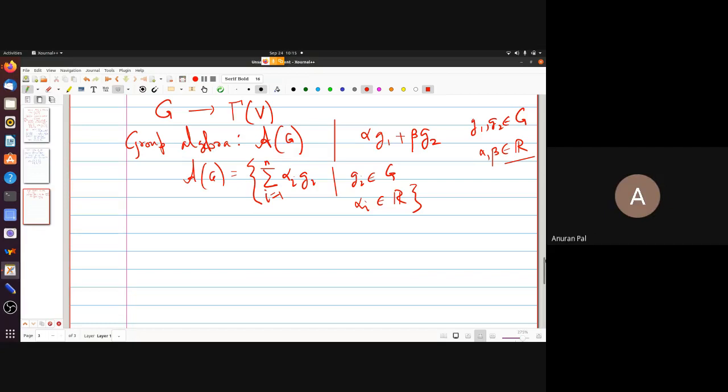Sir, what does the plus mean in this scenario? Because group elements can have a product defined between them. Right. Good. So what does the plus mean? That's the question. What does it mean when one group element is an apple and the other is an orange? What does it mean when you add an apple and an orange? So let's answer that question first.